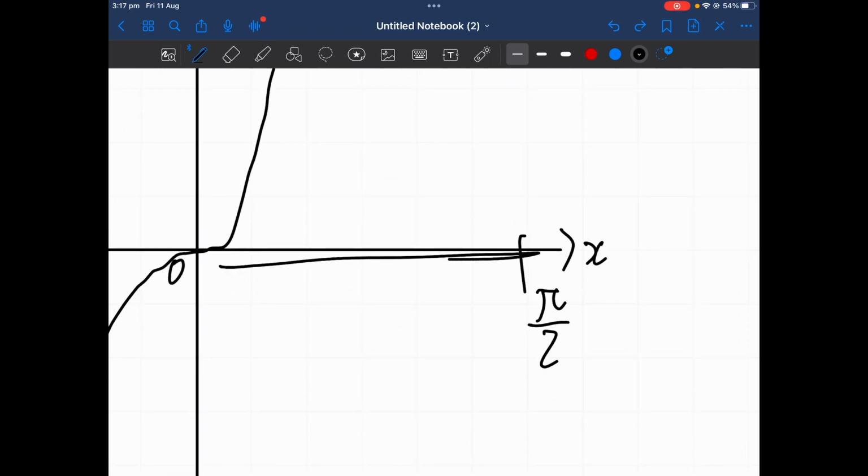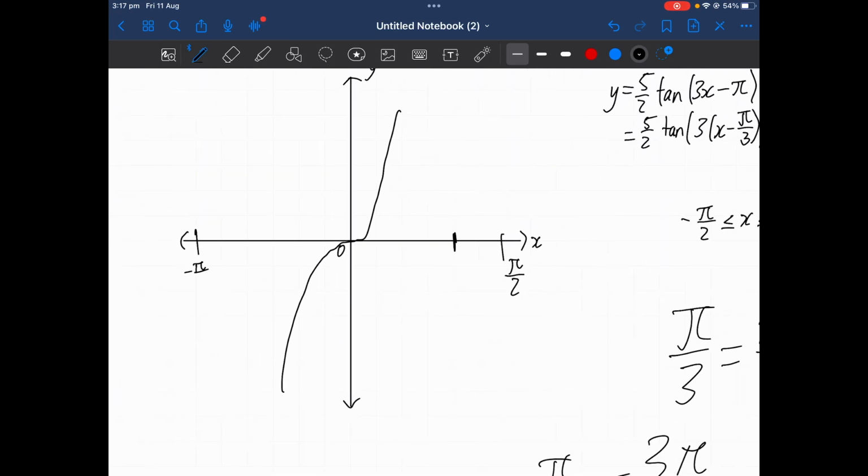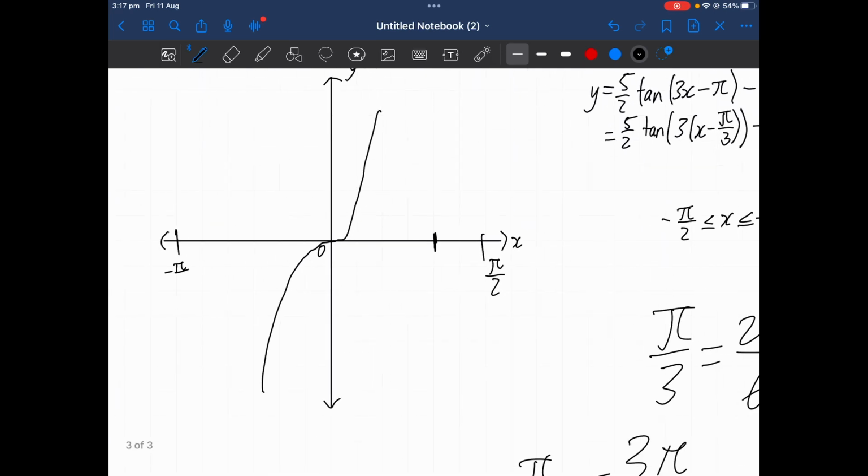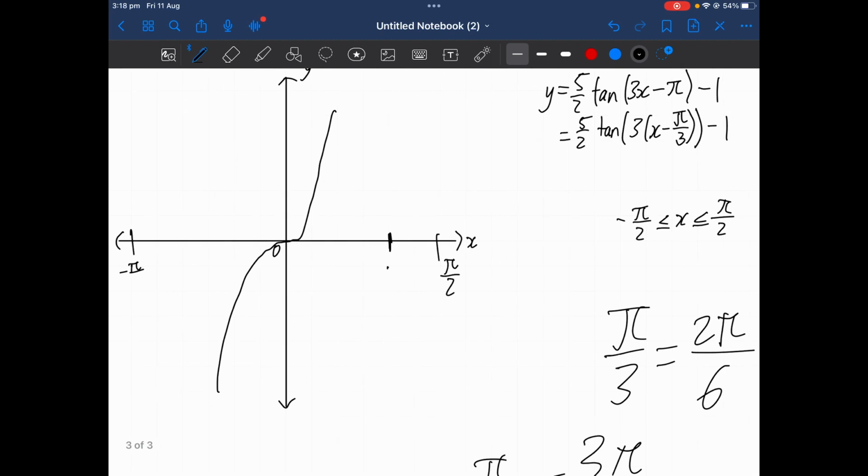There's 6 in here, so a pi on 6 is going to be a third of that, because this is 3 pi on 6. And if we want 2 pi on 6, we go to this 2/3 point. There's 6 here, so you go 4 across. That's going to be where the center of the graph is. But then we've got to remember it's down by 1, so it's going to be down here.